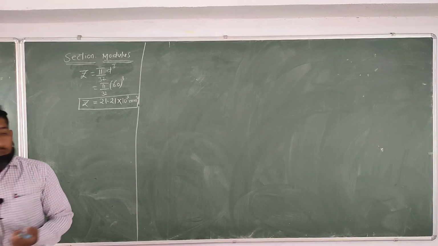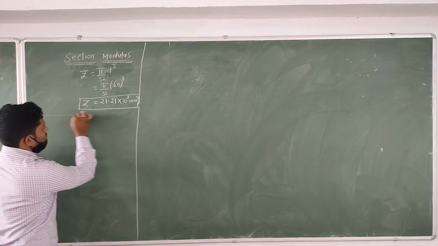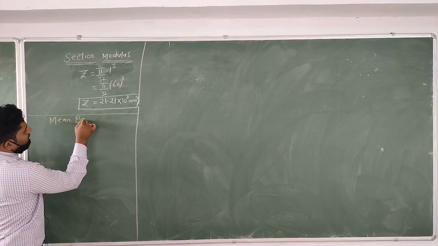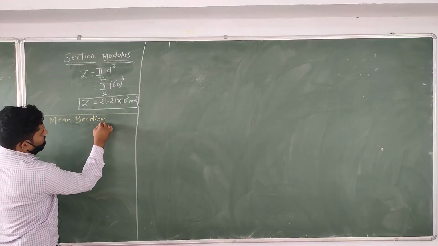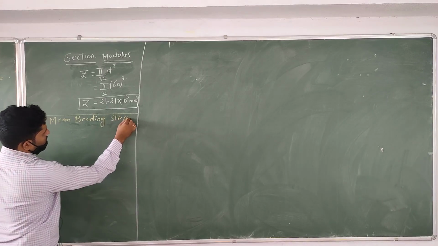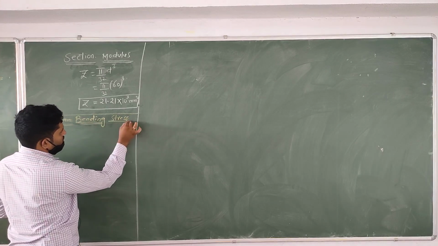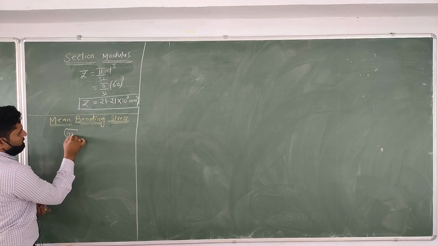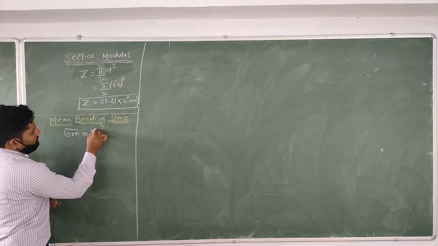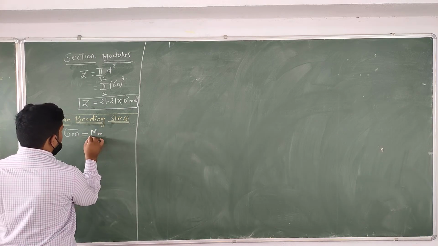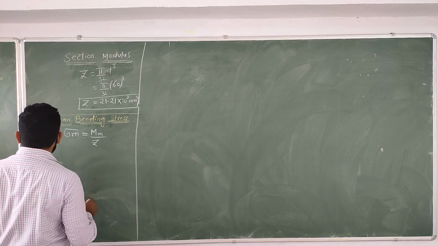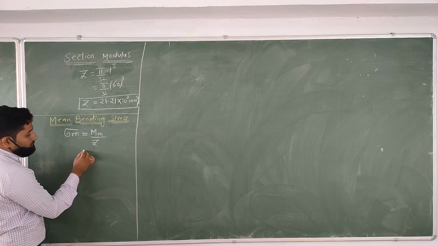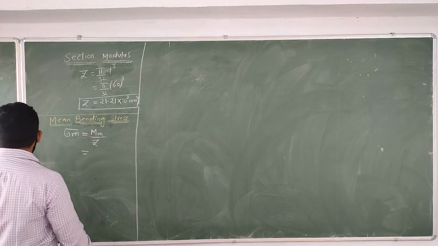Okay, mean bending stress, sigma m, equal to Mm by capital Z. Is it right? So sigma m is nothing but the mean bending moment by section modulus. So how much did we get here?